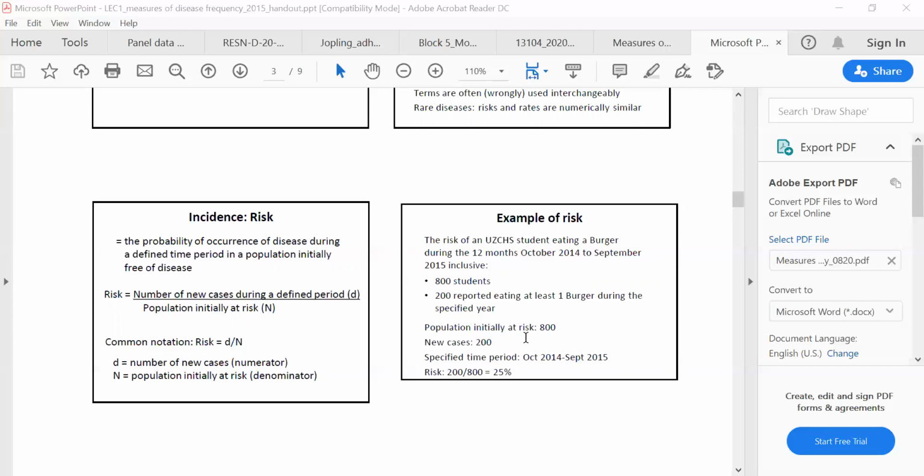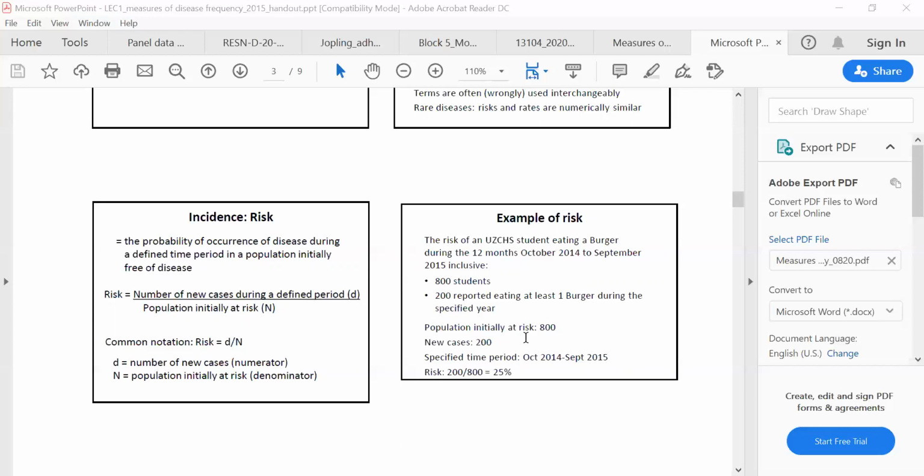Remember, as I explained from the start, these measures of frequency are not always about diseases. In this case, we are looking at the incidence of eating a burger.